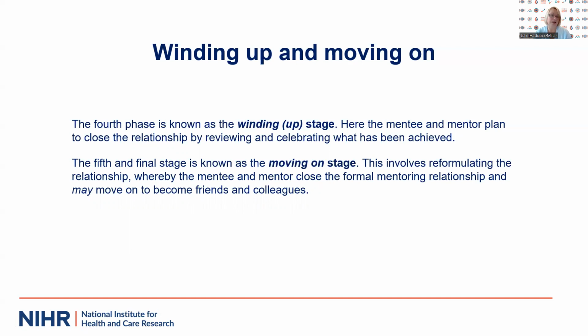What does that look like if you are to continue? Might you decide to consider working together, for example, for a further 6 months or 12 months? Or are you going to close the relationship? You've done all you need to do and the mentee is ready to move on. Perhaps the mentee is ready to transition to the role of the mentor. So that purposeful choice and the giving thanks and the celebration that happens in the winding up and the moving on stages.